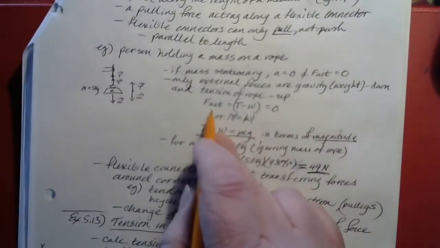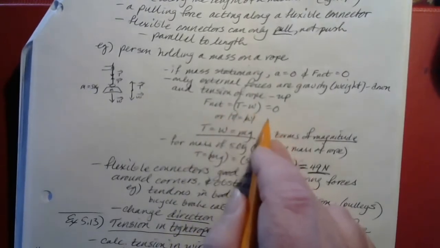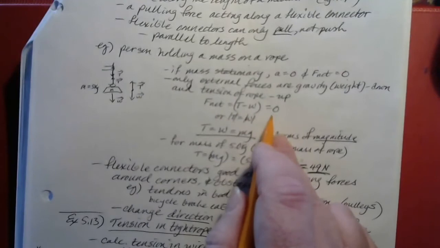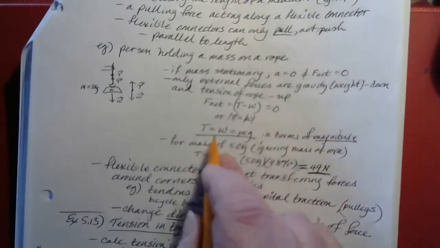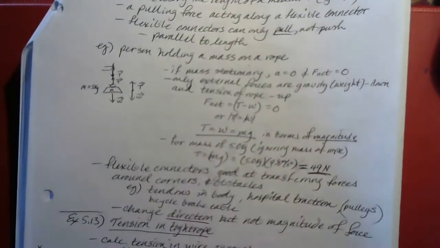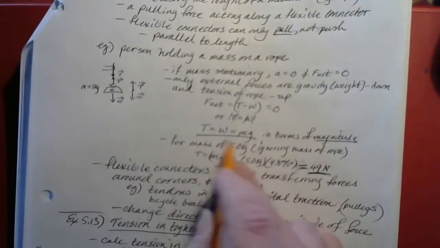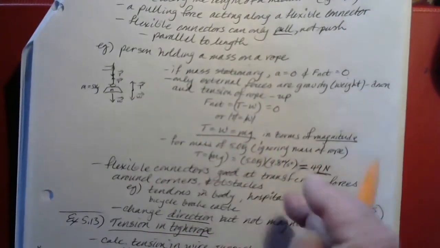So the net force would be tension minus weight, and that we already know is 0 because there's no acceleration in the up and down direction. Or in other words, tension is equal to weight, as long as the object is not accelerating in the up or down direction. And weight is equal to mg, so tension would be equal to mg in this case.